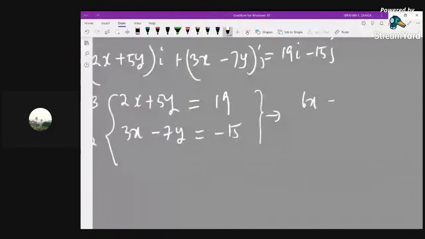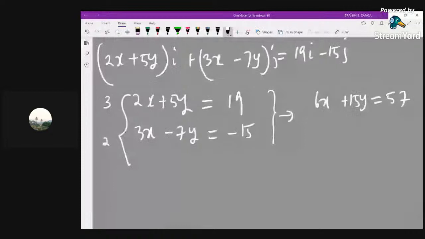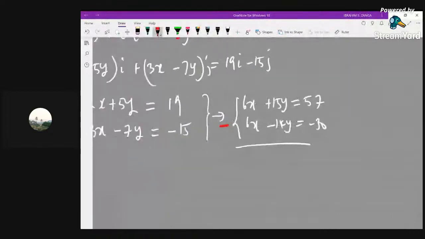6x plus 15y equals 57. We have 6x minus 14y equals negative 30. So what we do here now, we are going to subtract.